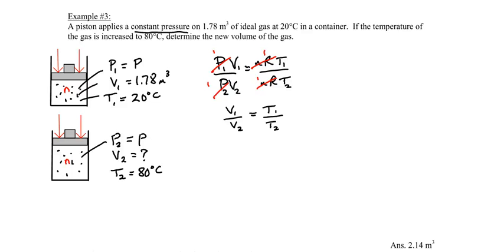That means that if you're given a temperature in degrees Celsius, you have to add 273 to convert it to Kelvin. So this temperature 1 is 20 plus 273 Kelvin, so you really have 293 Kelvin. And then we have over here 80 plus 273, which is 353 Kelvin.